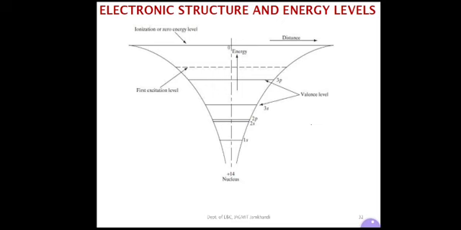of the nucleus. Since unlike charges attract each other, there is an attractive potential between the negatively charged electrons and the positively charged nucleus. The Coulombic potential varies as 1 upon r as a function of distance from the charge, in this case the Si nucleus.